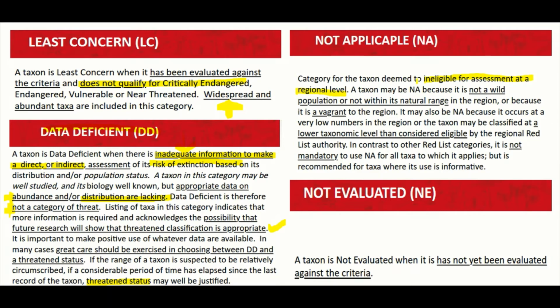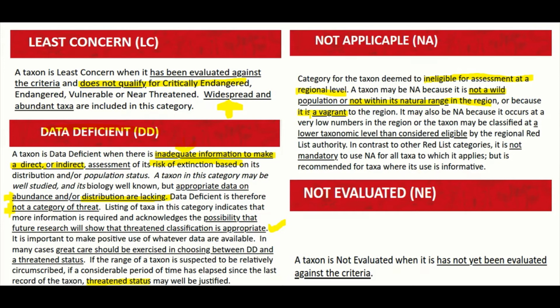Not applicable is a category for taxa deemed to be ineligible for assessment at a regional level. Remember, we said that we classify from local level, national, regional, etc. So we have categories of taxa that are not applicable. A taxon may be not applicable because it is not a wild population, or it is not within its natural range in the region, or because it is a vagrant or transient taxon, like the way we have migration of certain animals within regions.